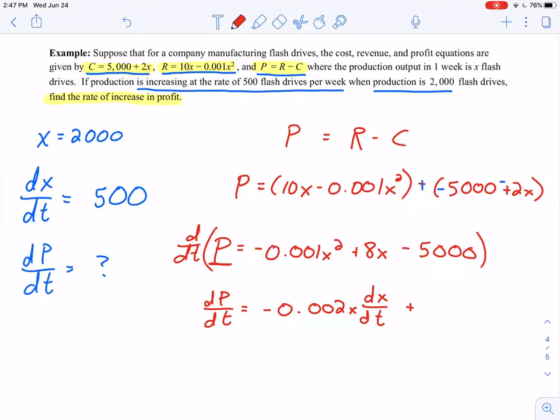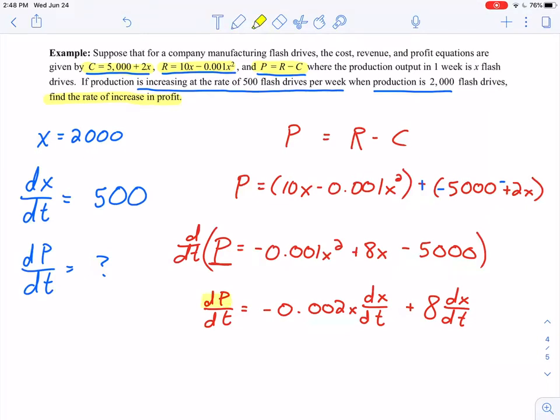Well, the derivative of 8x would just be 8. Again, though, I'm taking the derivative with respect to time t. We're using implicit differentiation. We have to use our chain rule, so we need to multiply again by dx over dt. This one can be a little bit easy to overlook, I think. And then derivative of negative 5,000, well, that's just a constant, so derivative of that part is 0.